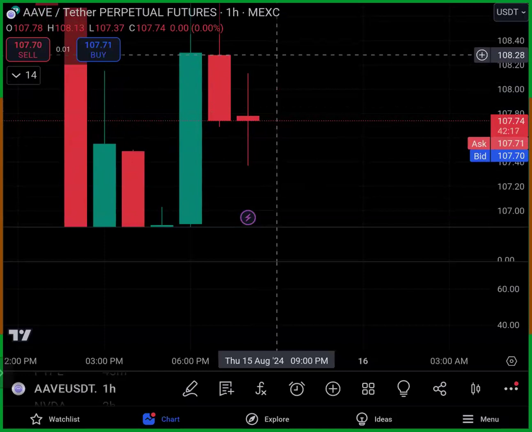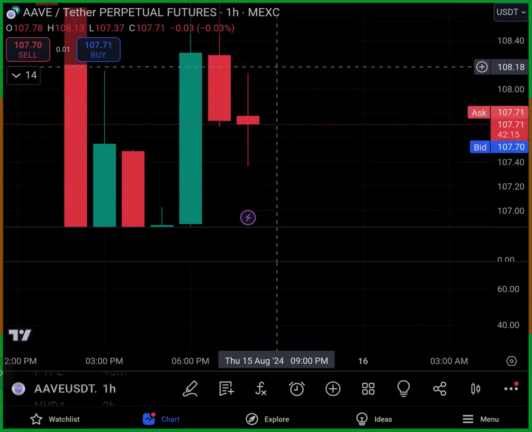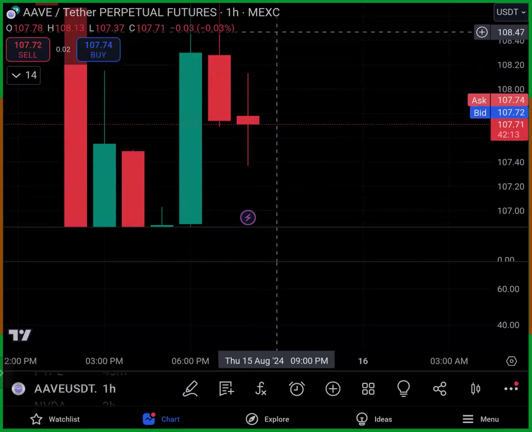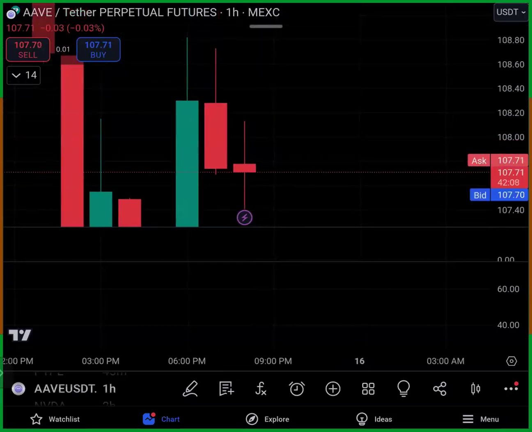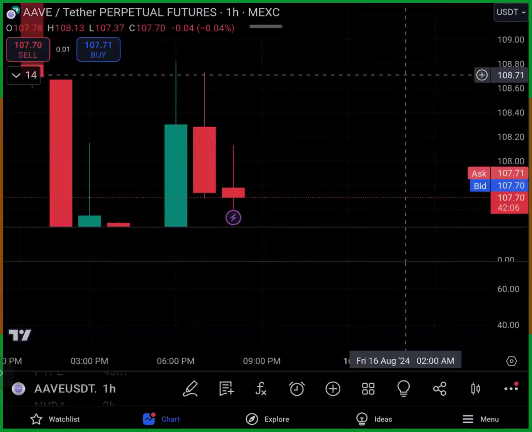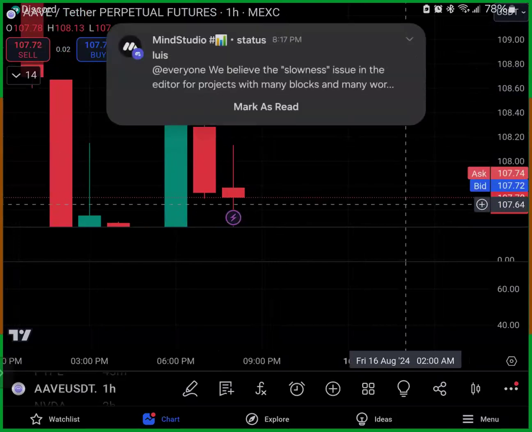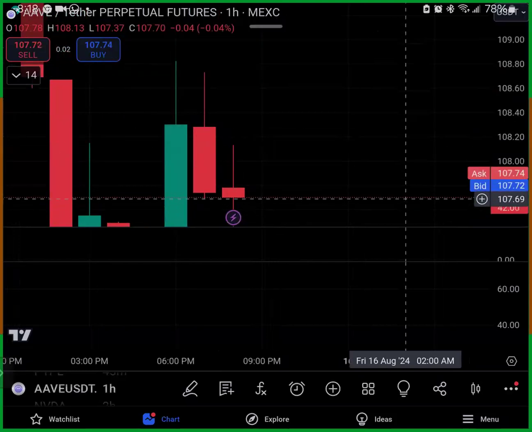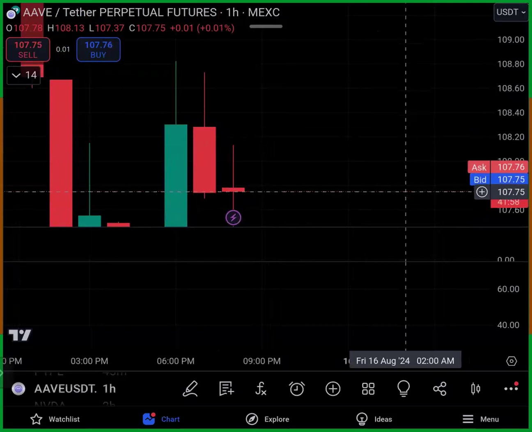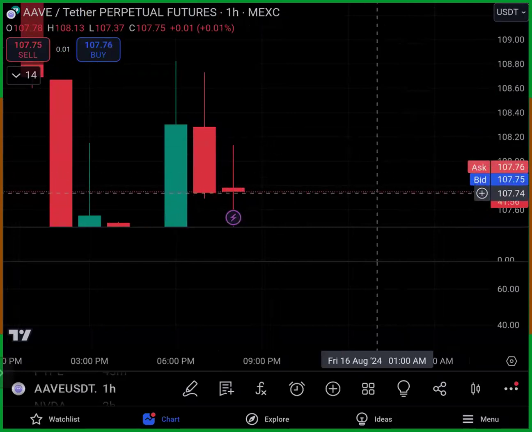This is open from the top, and then it traveled to the top and then traveled to the bottom, but then it closed right down here.